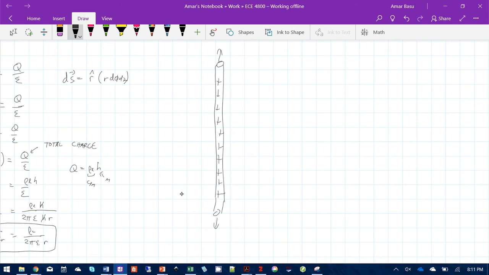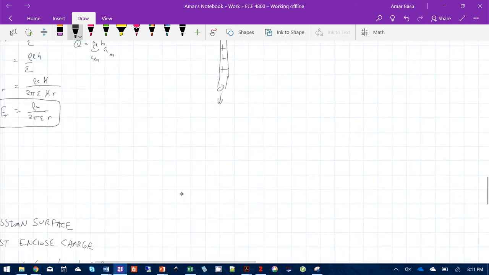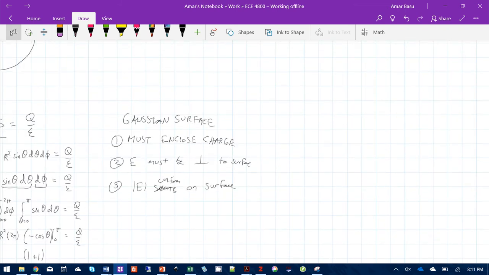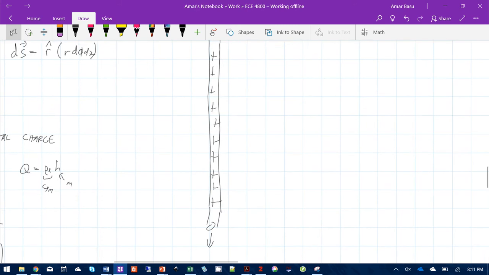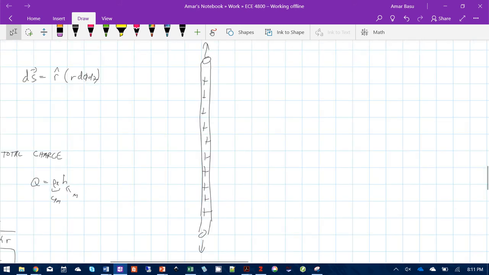A Gaussian surface. We define a Gaussian surface. The Gaussian surface must enclose the charge. The electric field should be perpendicular to the surface, and the magnitude of the electric field should be the same everywhere on the surface. We discussed this and said, if you have an infinite line of charge, your electric field lines look like this.